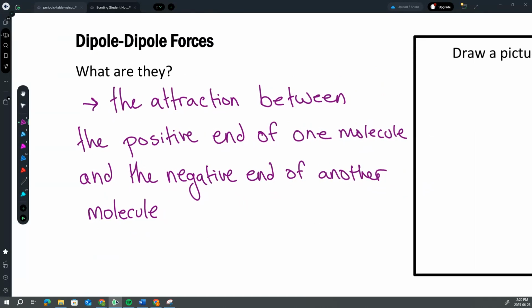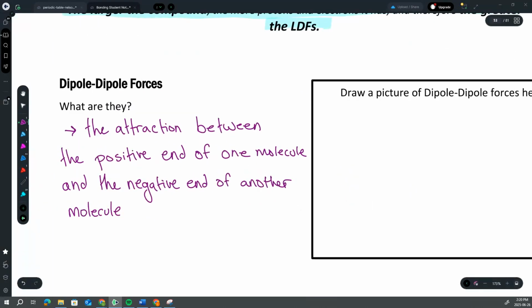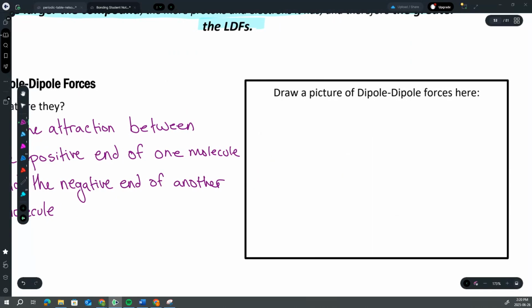Okay, so how do we get positive and negative ends to molecules? Well, that all has to do with electronegativity differences.